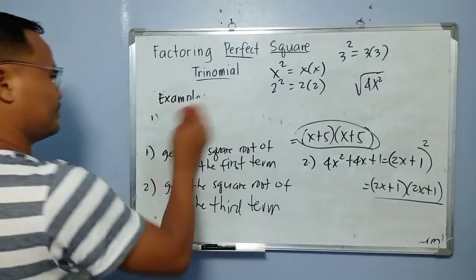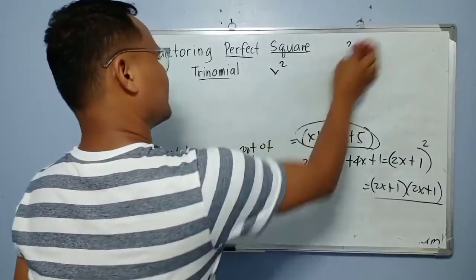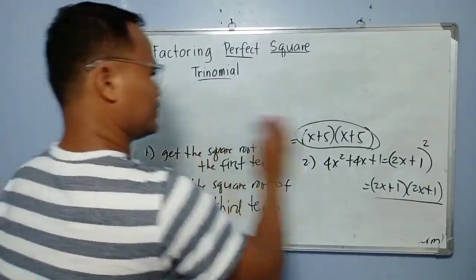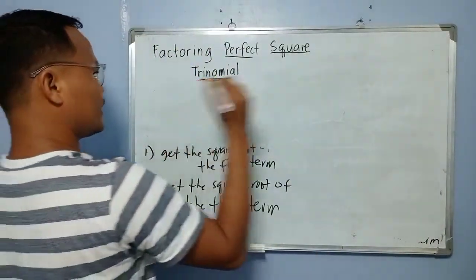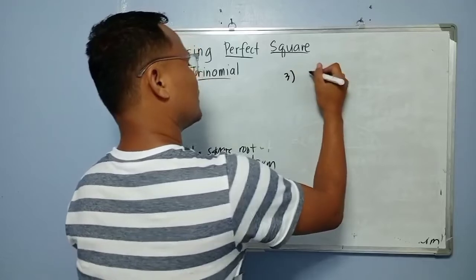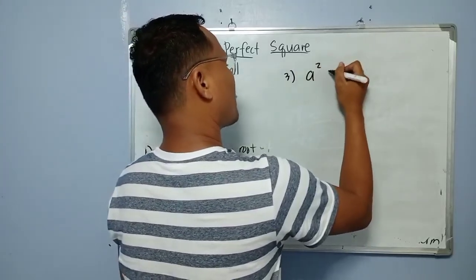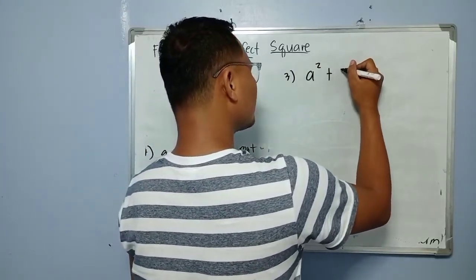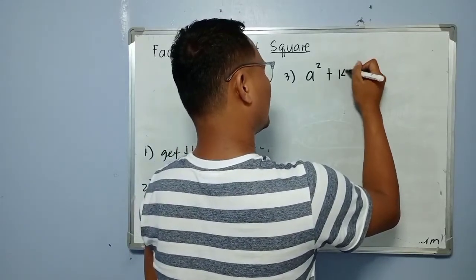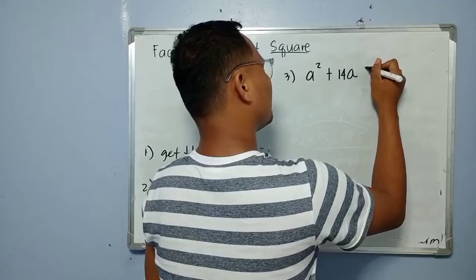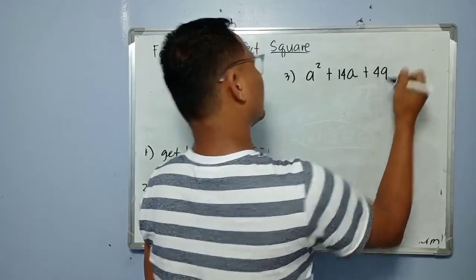Another example, number 3. We have here a squared plus, let's say, 14a plus 49.